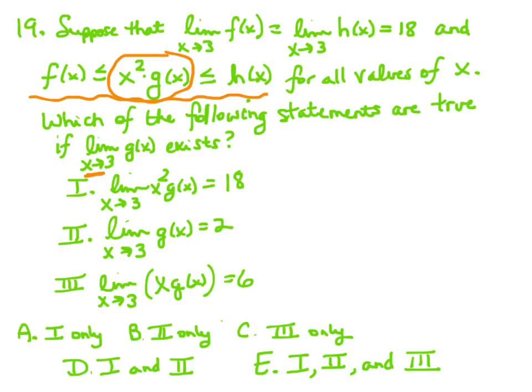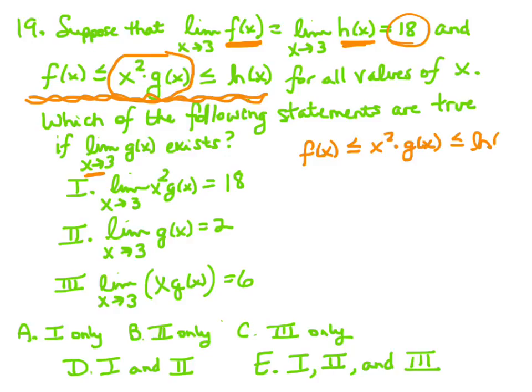First of all, the limit of f of x as x approaches 3 and the limit of h of x as x approaches 3, those are both equal to 18. And then notice this statement, which I've already underlined, x squared times g of x is between or equal to f of x and h of x. And so I'm going to rewrite that statement over here. f of x less than or equal to x squared times g of x less than or equal to h of x for all x's.